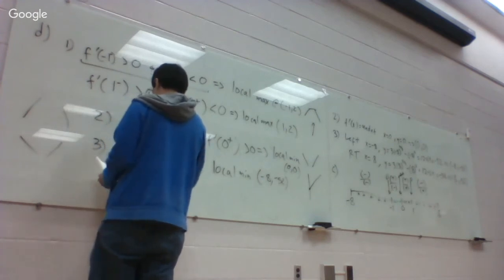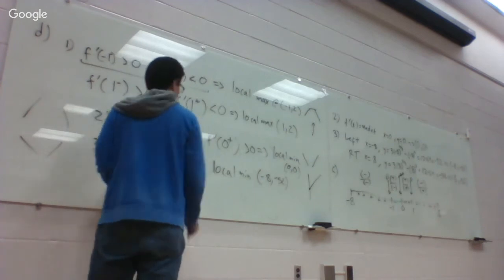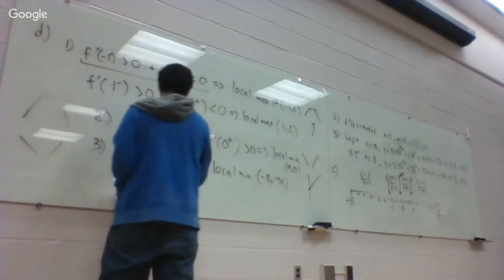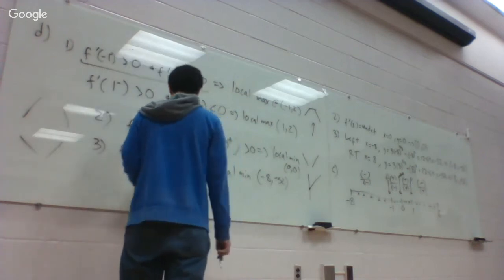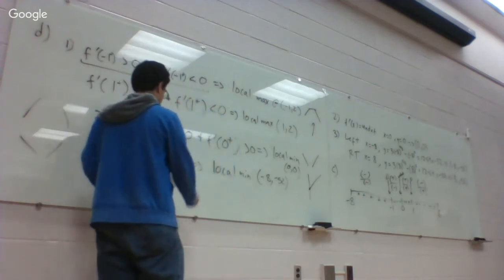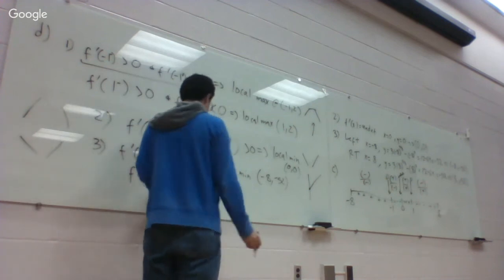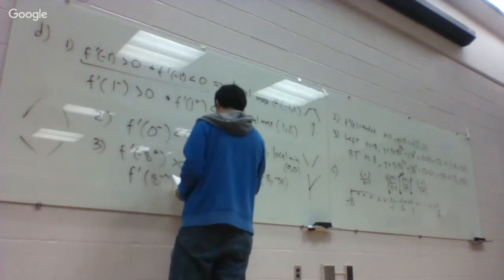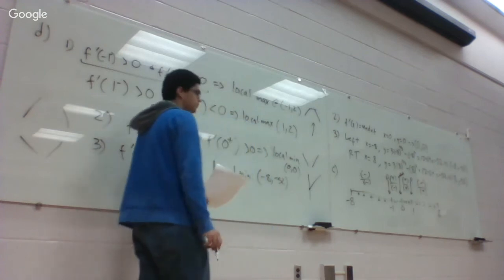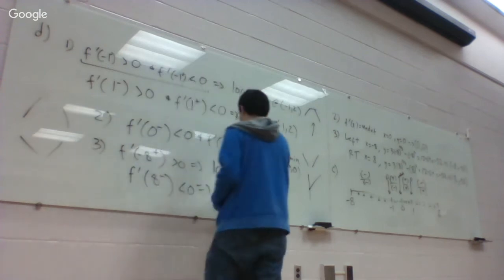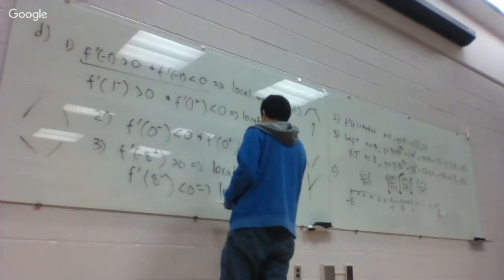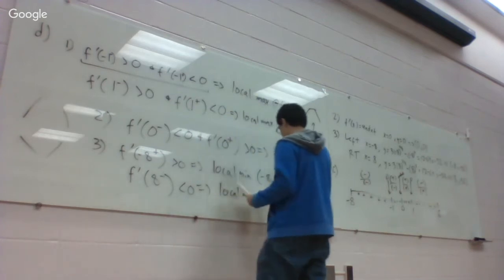Let's do S prime at 8. You can only approach it from the left side. Is that greater than or less than 0? Less than 0. Therefore, what is it? Local min. So the idea changes from the other side.